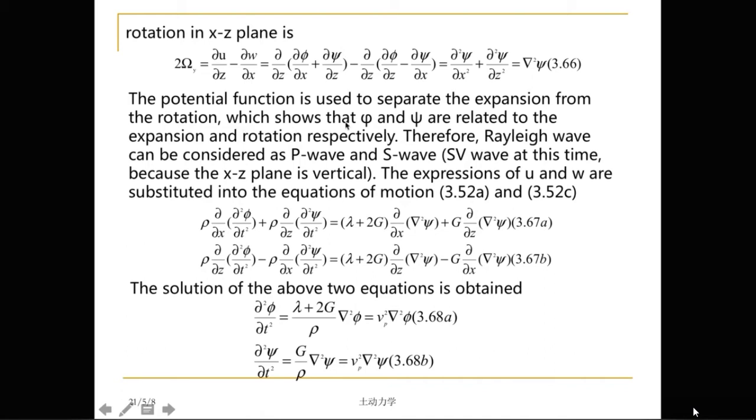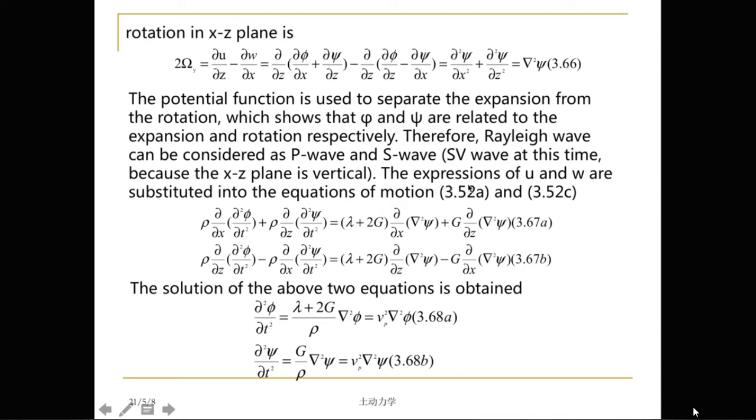We see that phi and psi are related to the expansion and the rotation respectively. Therefore, Rayleigh waves can be considered as P wave and S wave at this time because the xz plane is vertical.